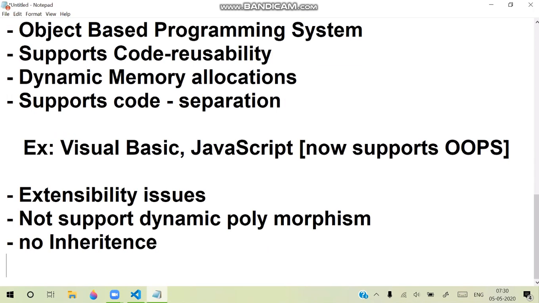That's the reason even today when we talk about JavaScript, we will say that JavaScript supports object-oriented features, but it is not object-oriented programming. It supports object-oriented programming, meaning a few features of object-oriented programming are supported, but it is not completely object-oriented programming.